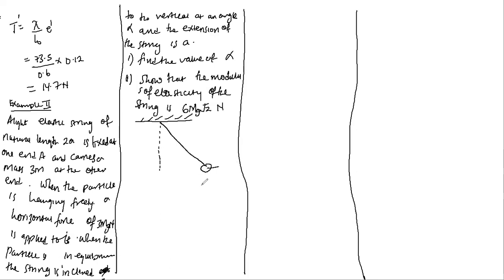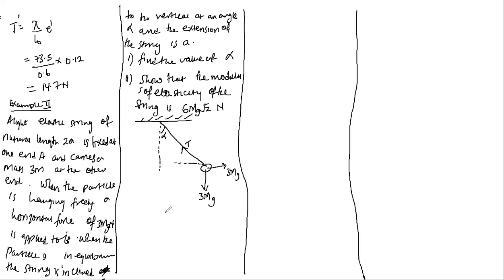There is a particle hanging on it downwards. This particle has a mass 3m, and when you attach weight, it becomes 3 mg also. Now there is tension here in the string, which we don't know. But firstly, we have an angle alpha inclined there. Also, this angle here will be alpha.